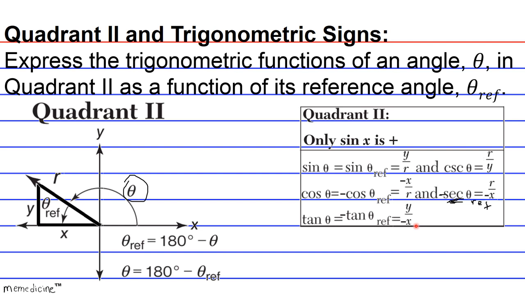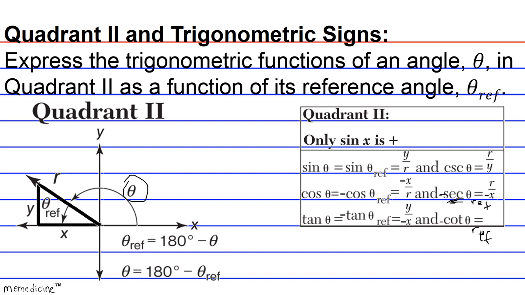And last but not least, the cofunction, which would be the cotangent of this particular obtuse angle theta in quadrant 2, would be equivalent to the negative cotangent of its reference angle. Let me just draw that out for you. The negative cotangent of theta ref. Sorry for this janky writing.